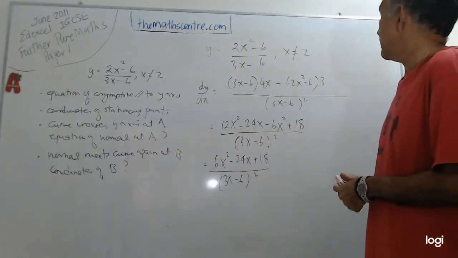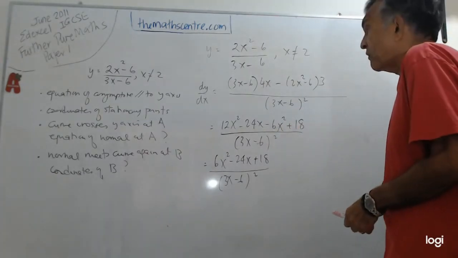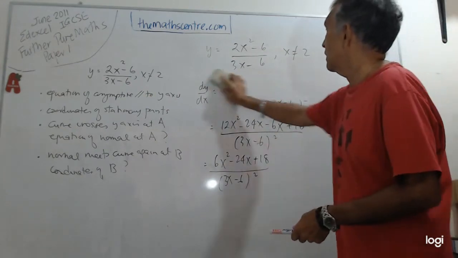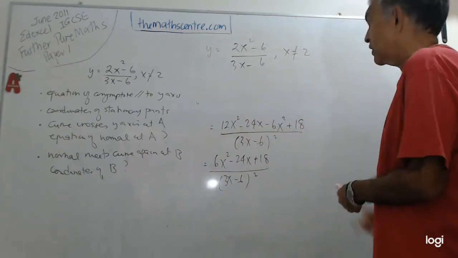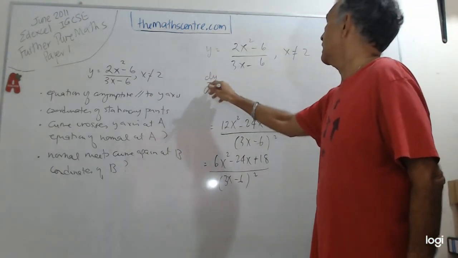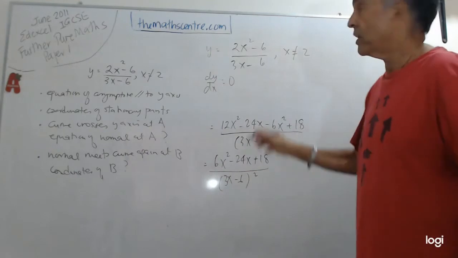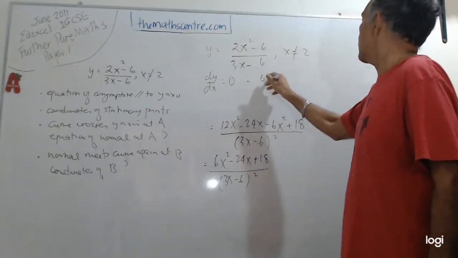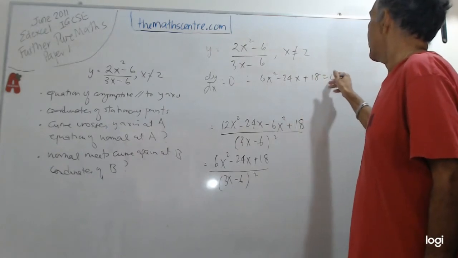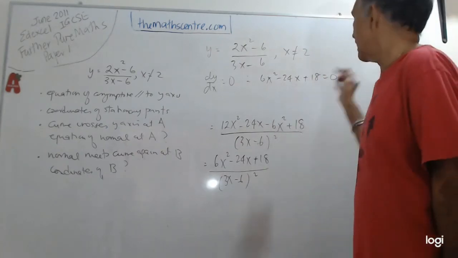Having said that, let's go ahead and find the coordinates of the stationary points. Let me set the numerator to 0. For stationary points, dy/dx is 0. So I have 6x squared minus 24x plus 18 equal to 0. Too many 6's, let's divide by 6.